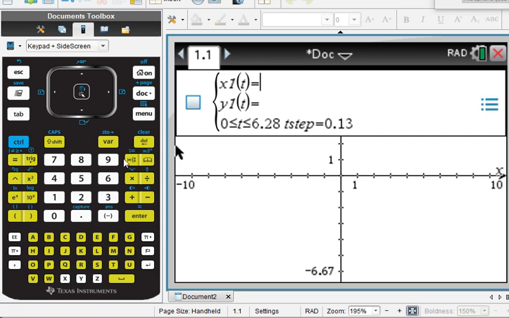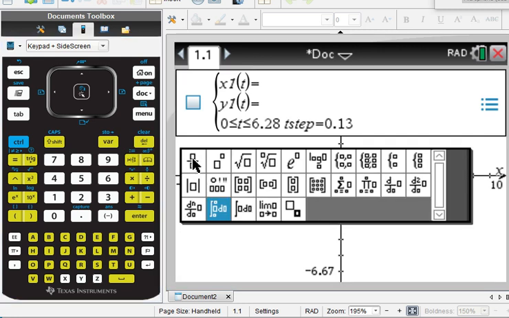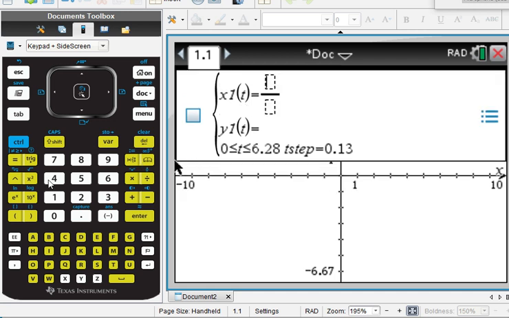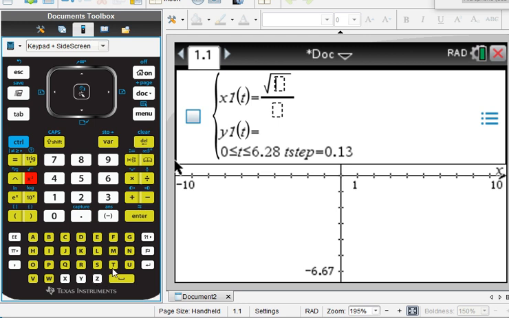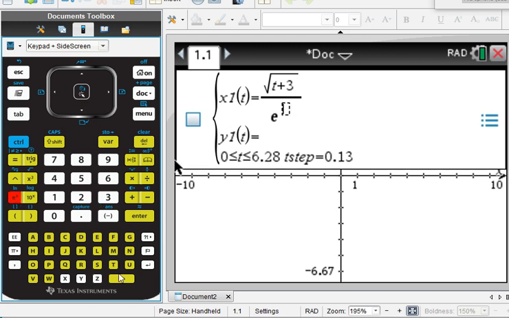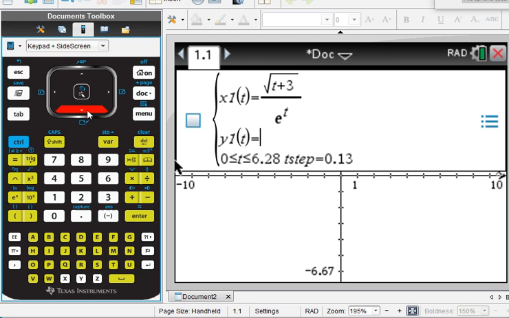So here we're going to put in the fraction notation here next to the 9. For this one, and this is the square root. Here you just use the t down right here, this is t, plus 3. Divided by e to the t, and y1 of t is cosine of t.